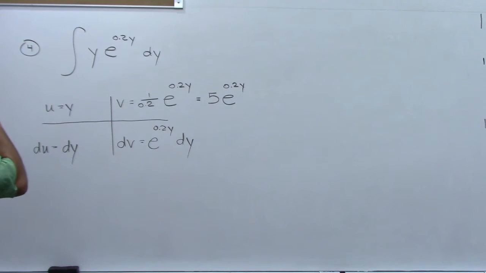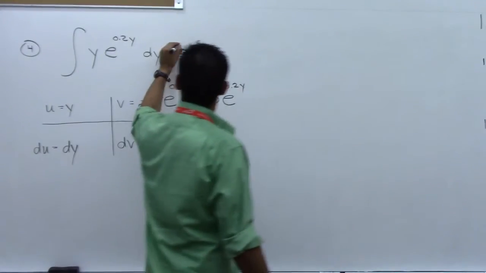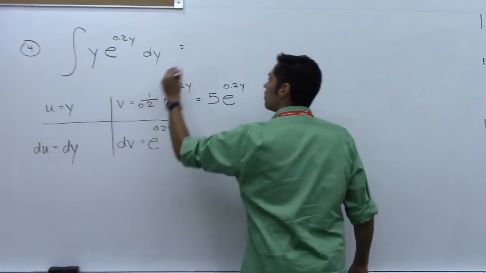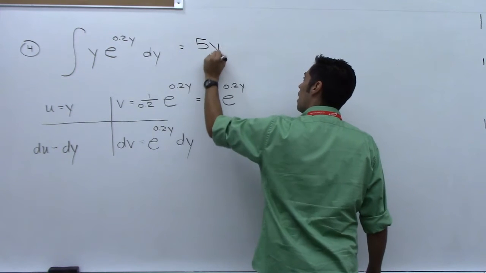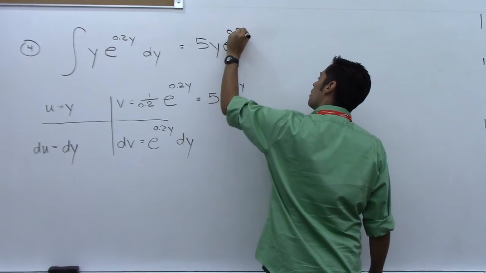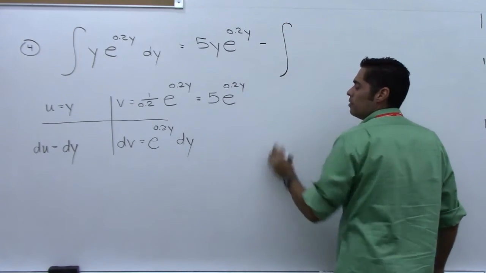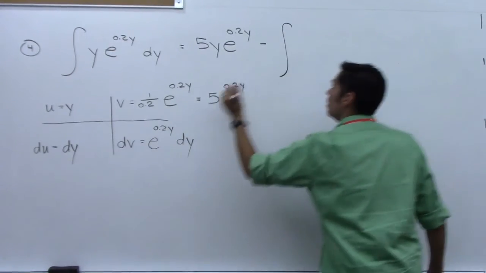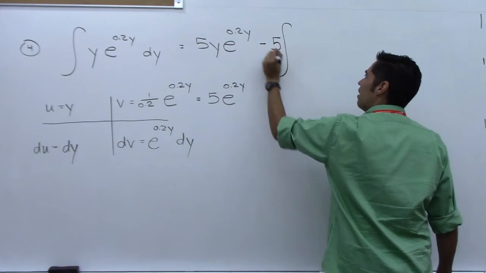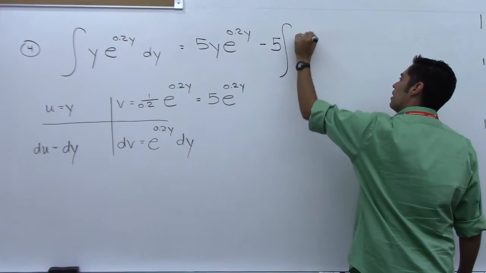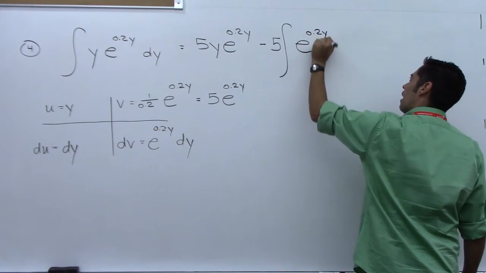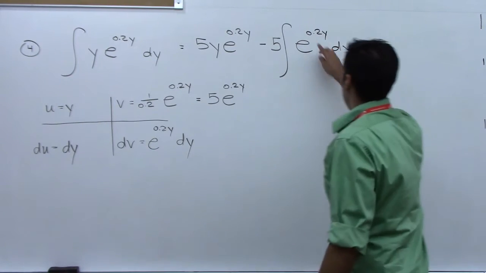Okay, so ultraviolet minus voodoo. So this times this, so I'll put the 5 in front, then the y, and then e to the 0.2 y, minus the integral of voodoo, which is this times this, so I'll go ahead and get the 5 out now, e to the 0.2 y dy. And we just integrated this a second ago.